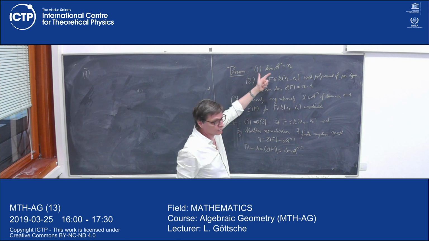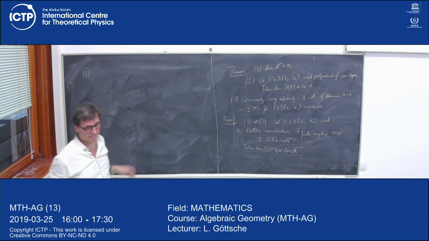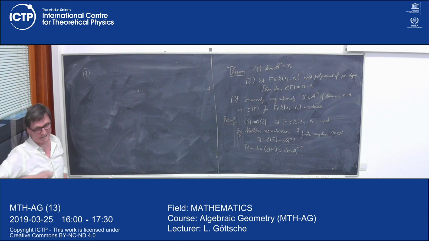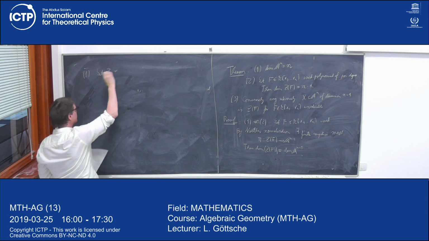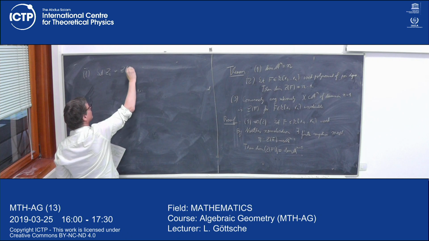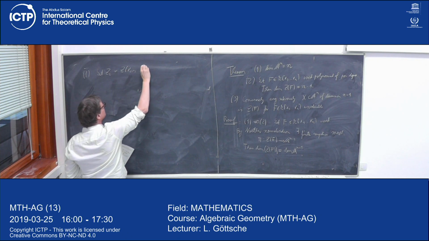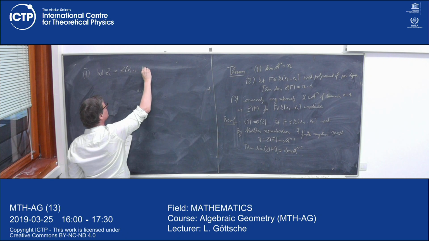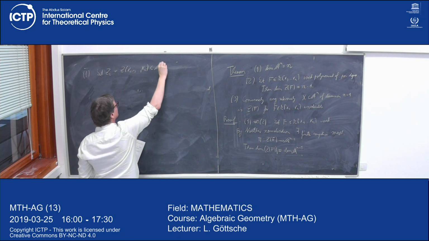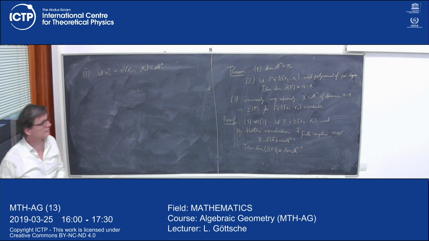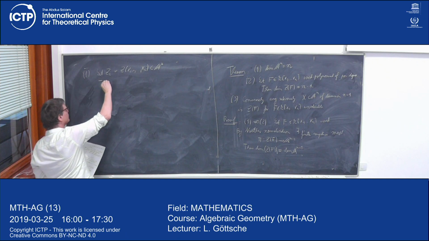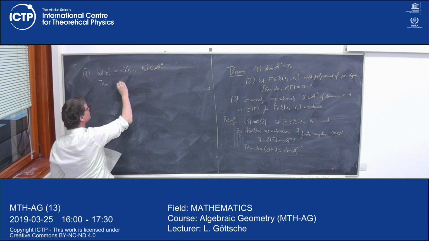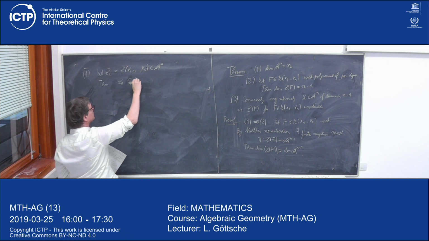One inequality is easy: you can find a chain. The other is that the length of the maximal chain can be at most n. That's the difficult part. So let Z_i be the zero set of x_(i+1) until x_n in A^n. I just let the last few coordinates be 0. Then we see that Z_0 is strictly contained in Z_1.